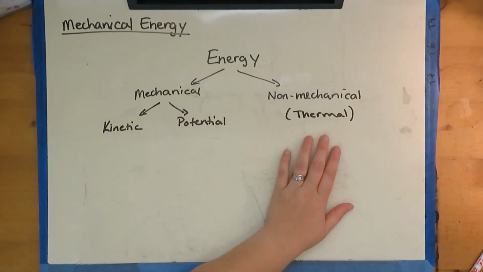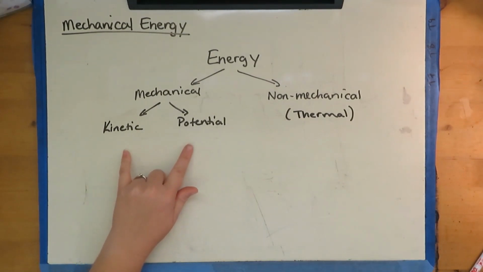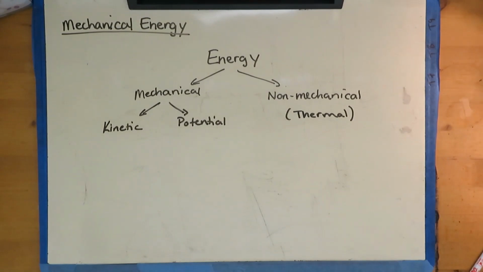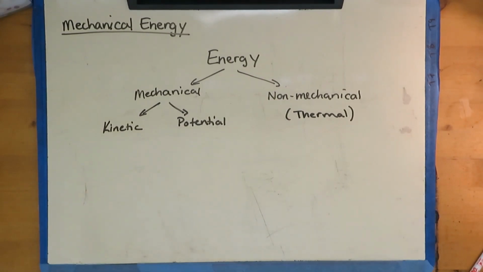We can determine the thermal energy if we know how much kinetic and potential energy was lost from a system. We can figure out how much of that energy was possibly converted to heat through friction. But we're going to focus mainly on the mechanical side.